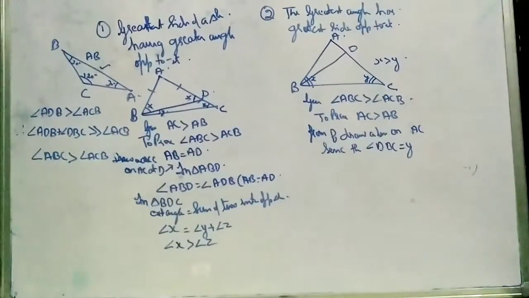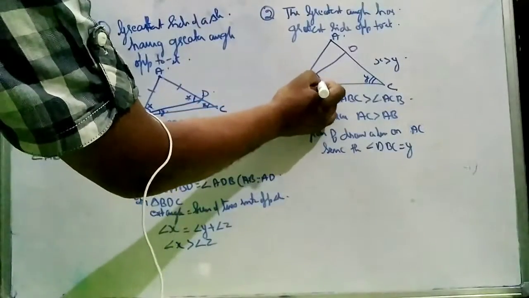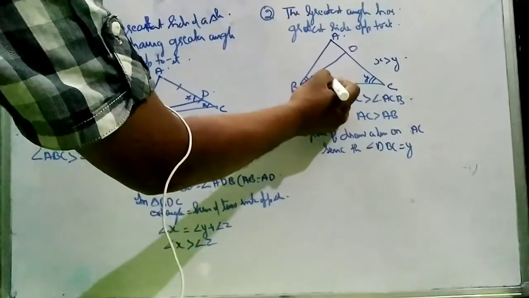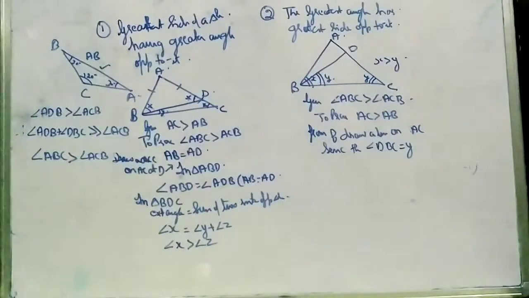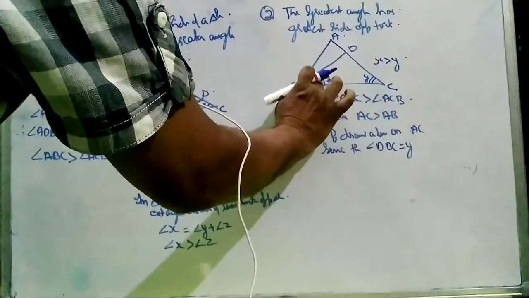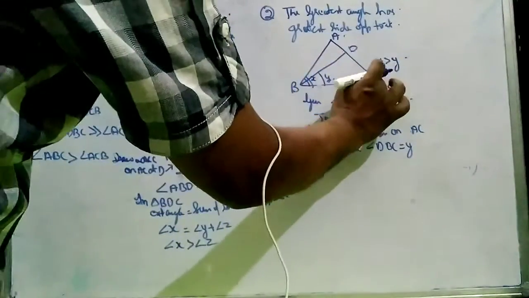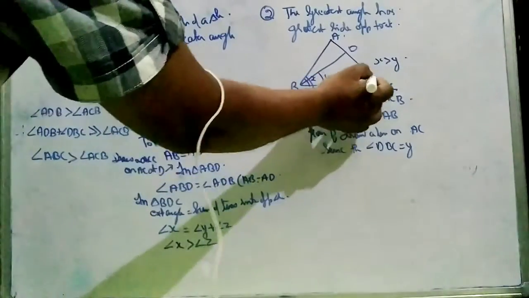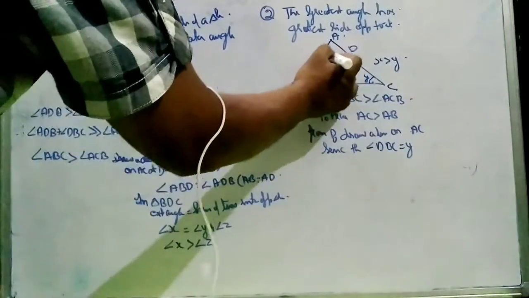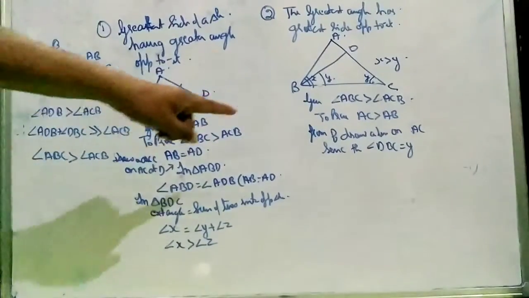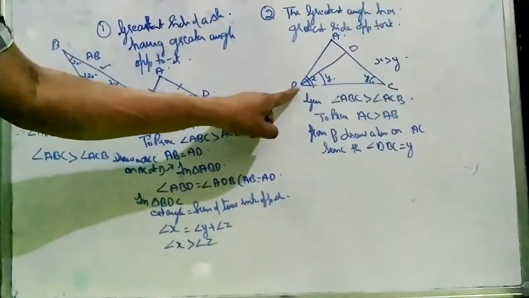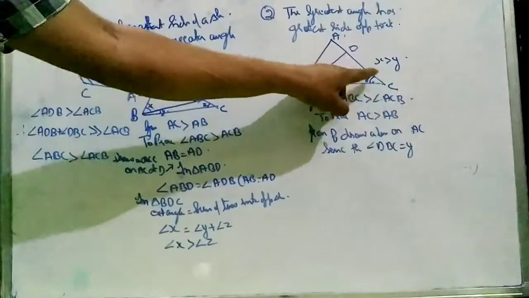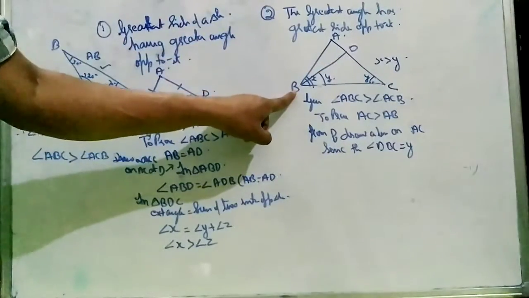This angle will become equal to y. The complete angle was x, this was y. So we have drawn the line in such a way that angle DBC becomes equal to angle DCB.